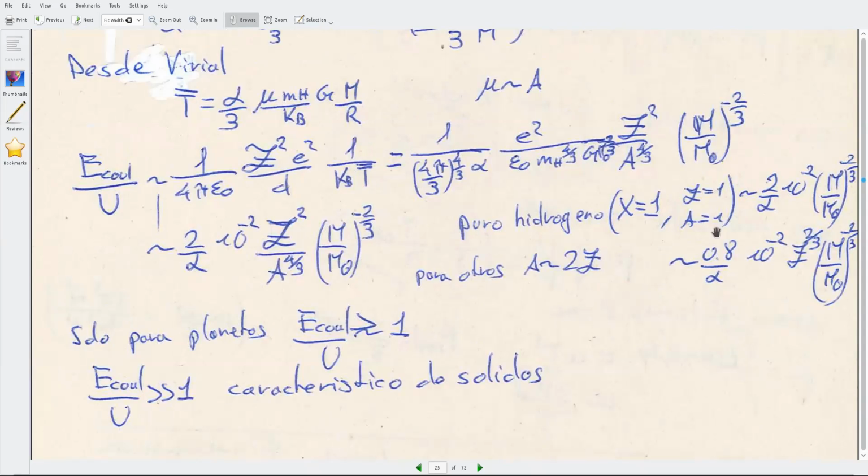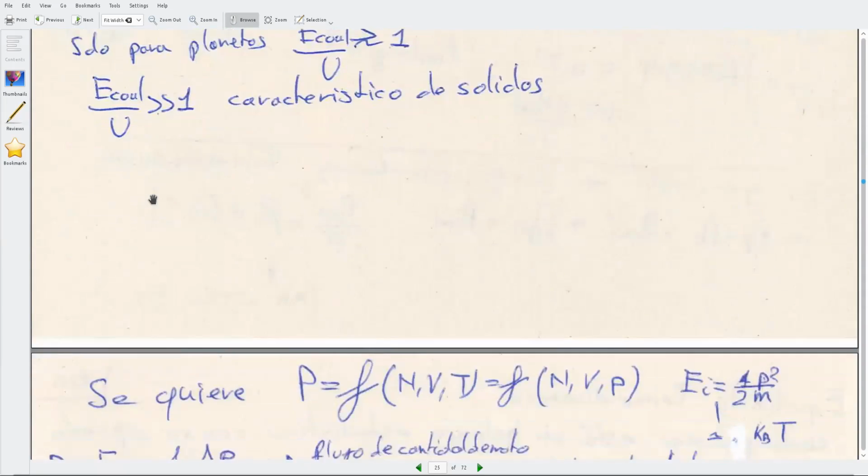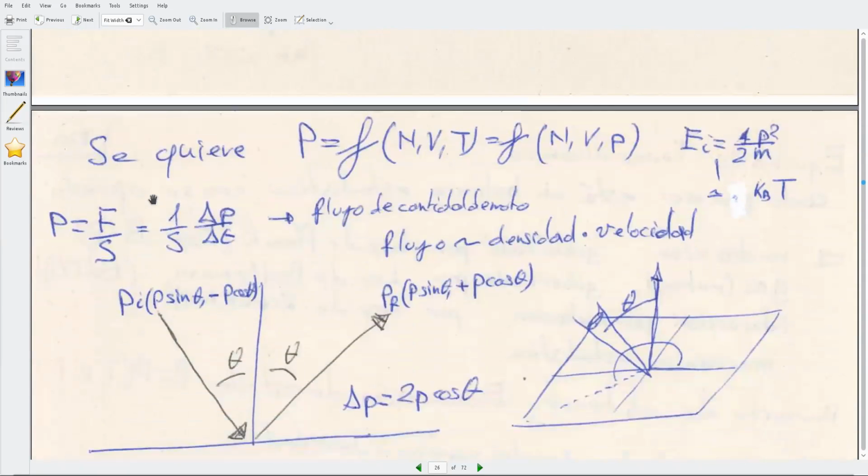Usually, you see here for the sun, the Coulombian energy is 1% of the internal energy, so it's negligible. You can neglect the consideration of Coulombian interaction.